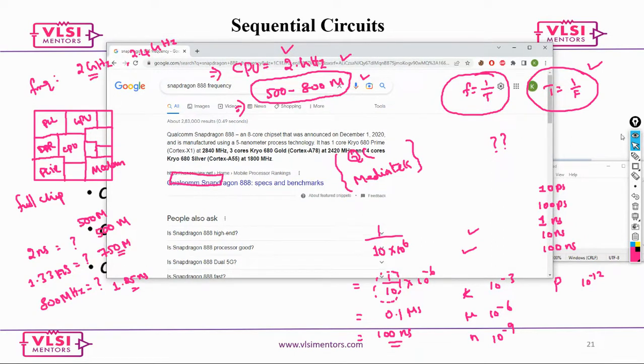Okay, so if you look at this Snapdragon, what are they saying? It is almost like 2.84 gig. So what is going to be the CPU clock period approximately?